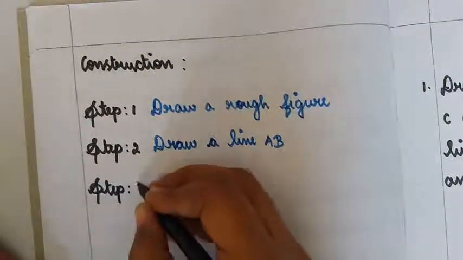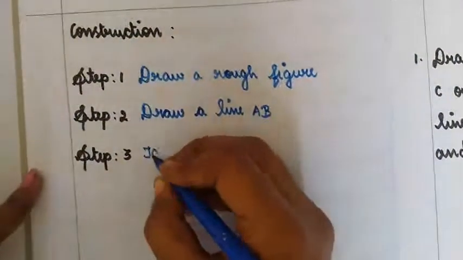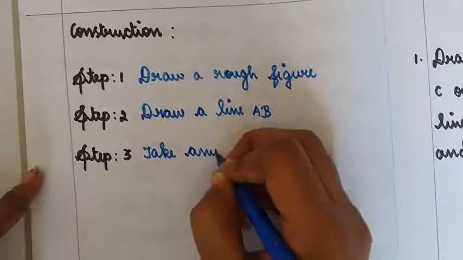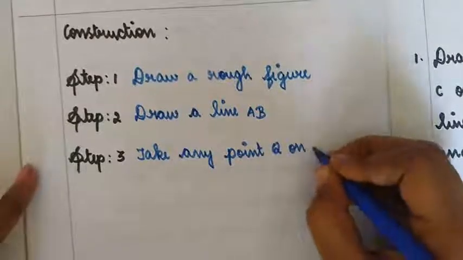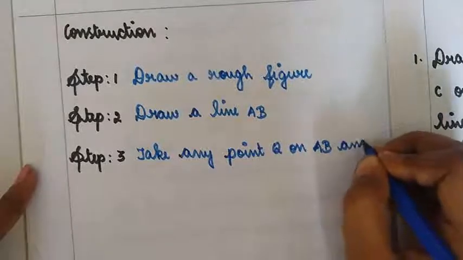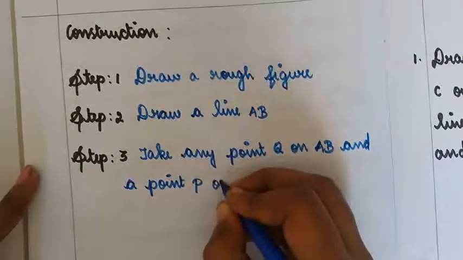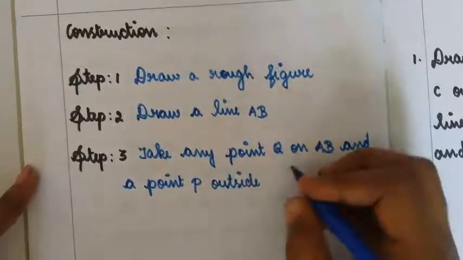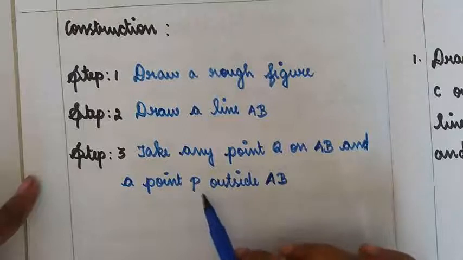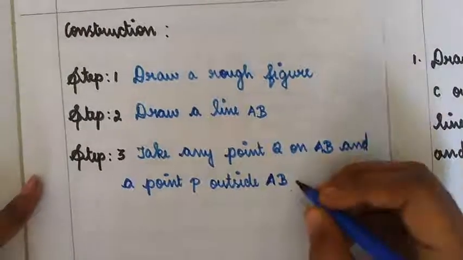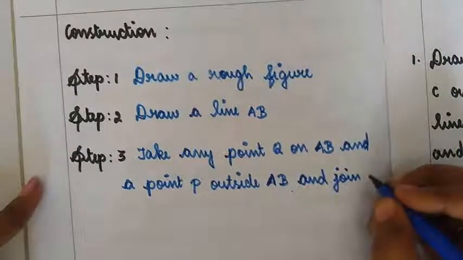Next, step number 3: take any point Q on the line AB and a point P outside AB, and join PQ.